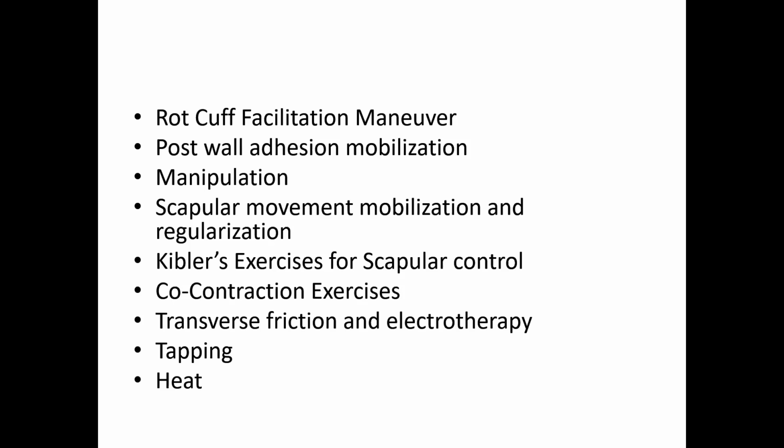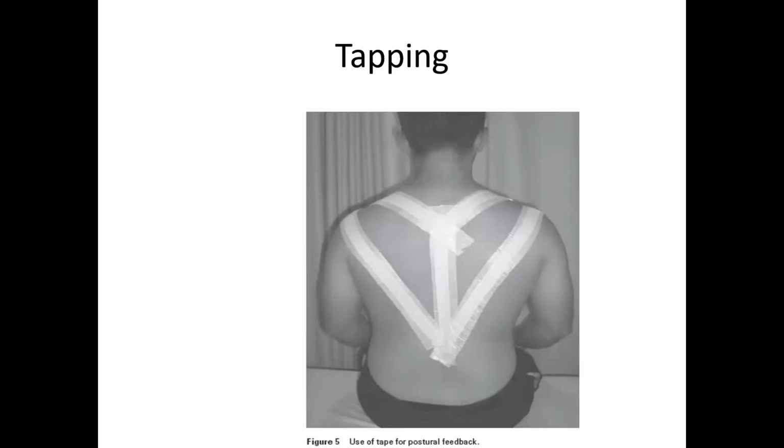Posterior capsule mobilization, manipulation, scapular mobilization, closed chain exercises for scapular control, co-contraction exercises, transverse friction, electrotherapy, and taping. All these options can be used and included in the plan during conservative treatment.